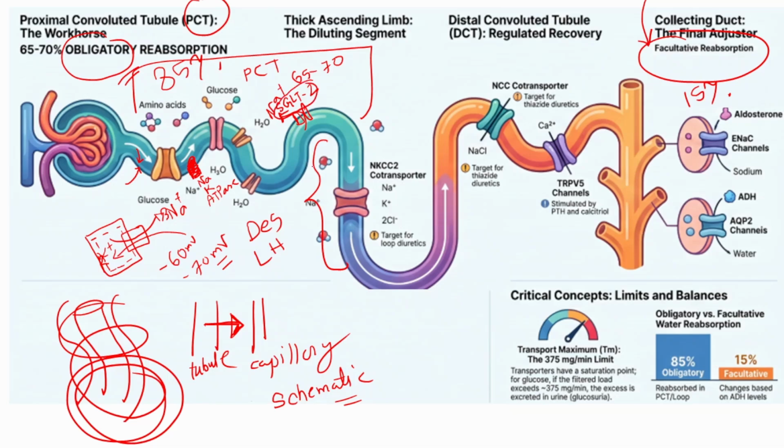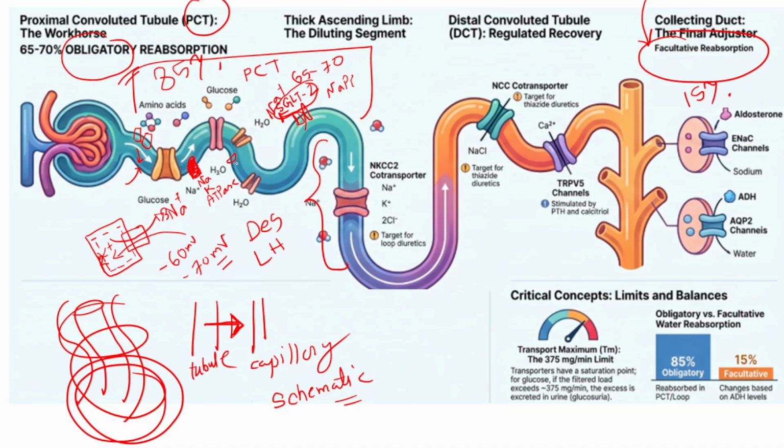Beside it, we place the sodium phosphate co-transporter known as NaPi, and also separate amino acid co-transporters, let's say over here, to completely clear these vital nutrients from the lumen. To manage acid-base balance, we also position the sodium hydrogen exchanger isoform 3 or NHE3.